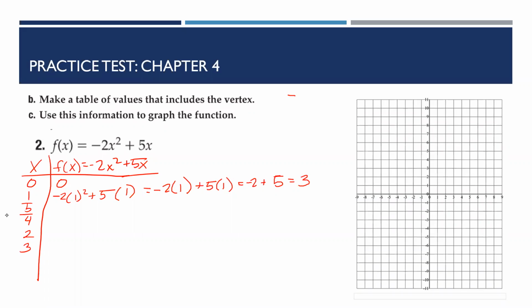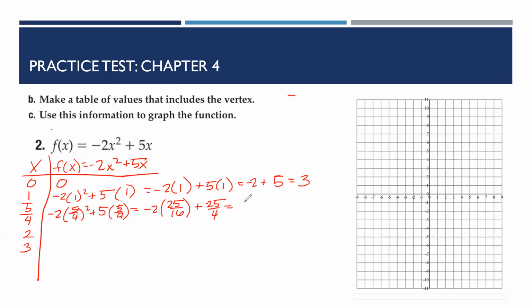Okay, and then for 5/4, say negative 2 and then 5/4 squared plus 5 times 5/4 ends up being negative 2 times 25 over 16 plus 25 over 4.